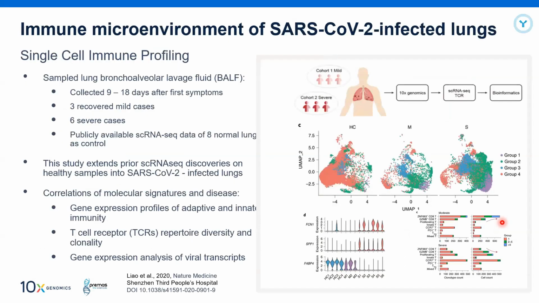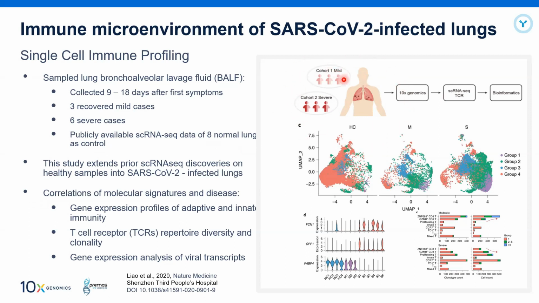Now in the COVID example, what this group has done is that BAL fluid was used. This BAL fluid was collected from 9 to 18 days after first symptom, with three recovered mild cases and six severe cases, and some publicly available single cell RNA sequencing data from eight normal lung samples was also used.